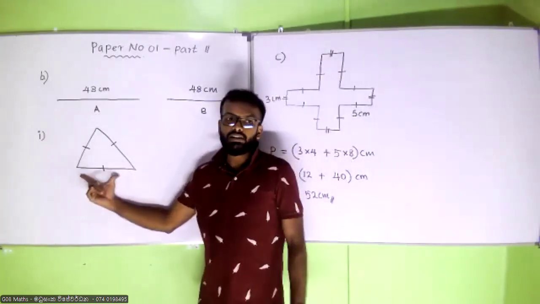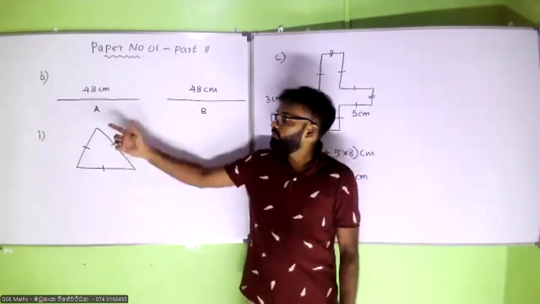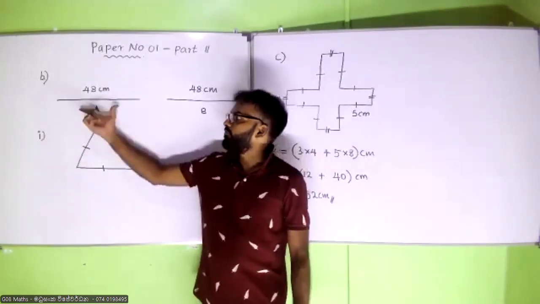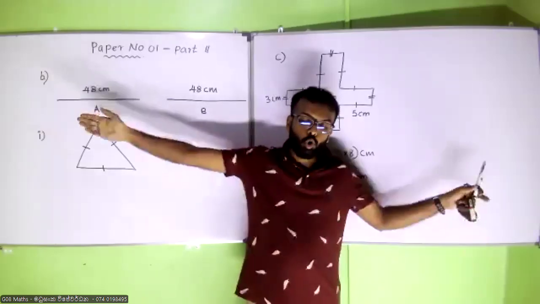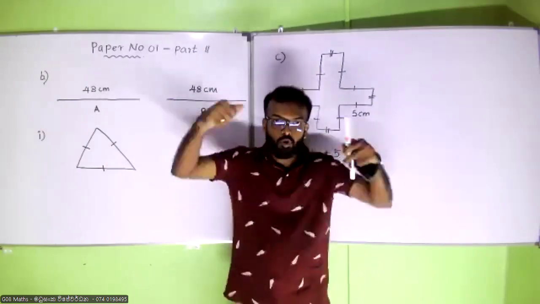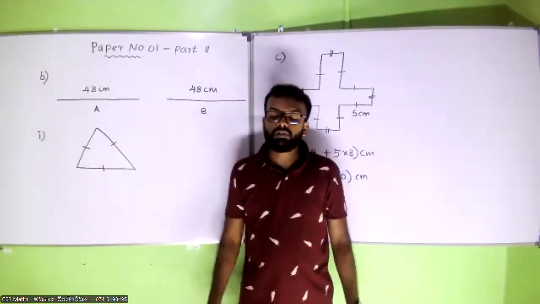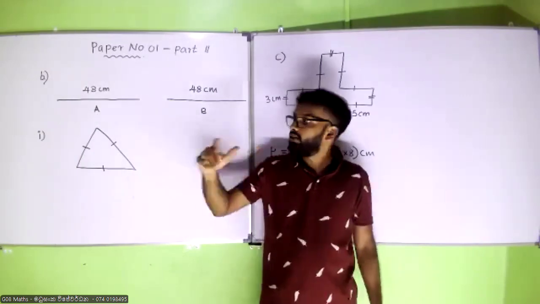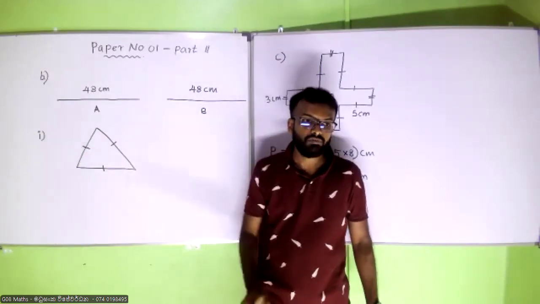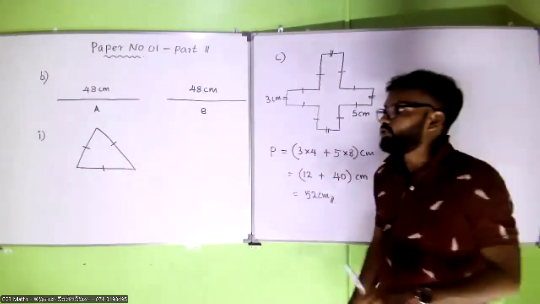What is the length of this side? This side and this side. Now I am asking if I use this 48 centimeter wire total length to make this particular triangle by folding this wire around this equilateral triangle, what is the magnitude of the length of one single side? 16 centimeters.